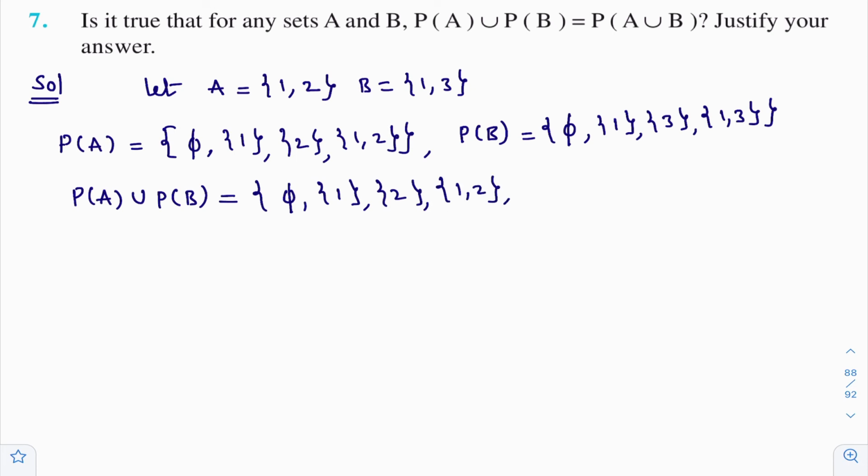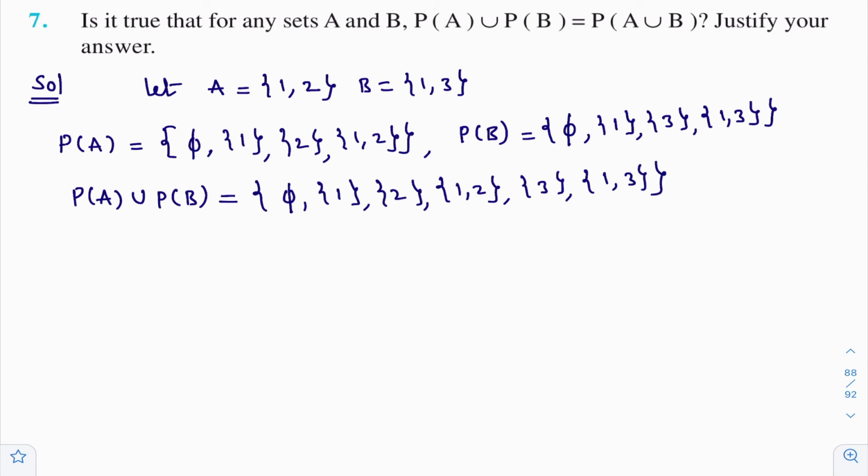Now you write all the elements of this set, but you check: suppose this element I need to write, but it is already listed, no need to write it again. This element is also already listed, no need to write it again. This element is not yet listed here, so I'll write the singleton set {3} and the set {1, 3}.